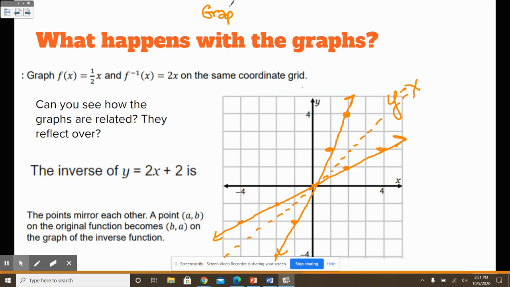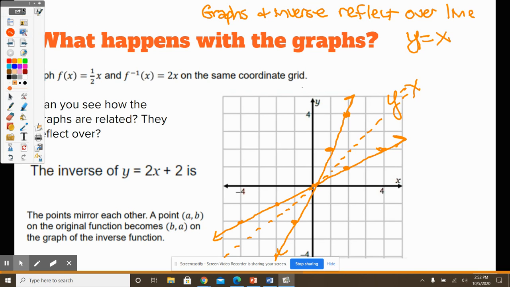Graphs and their inverses reflect over the line y equals x. And there's two ways you can do that. Some kids have a hard time seeing that reflection. So the other thing you can always do is just switch the ordered pairs. And that's what we'll do on this next one.